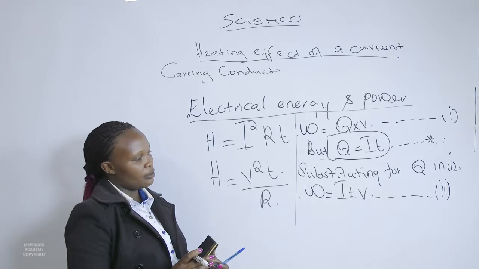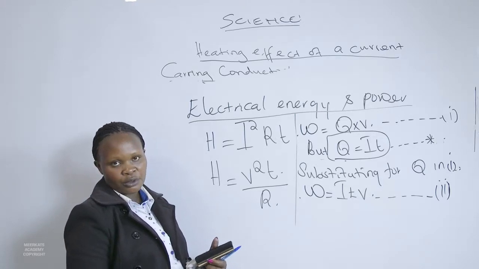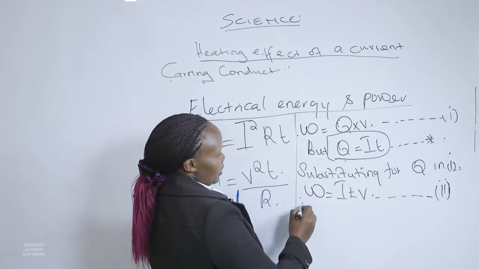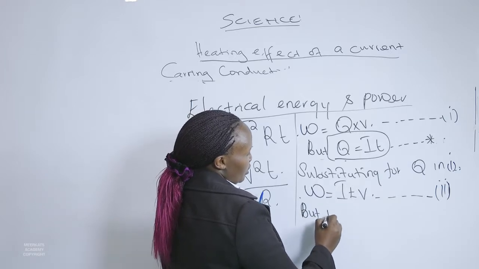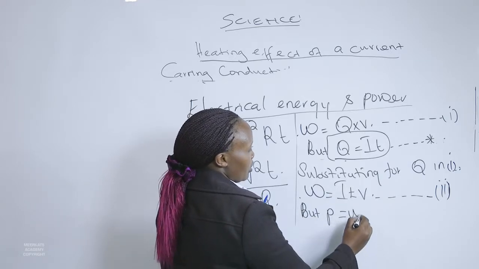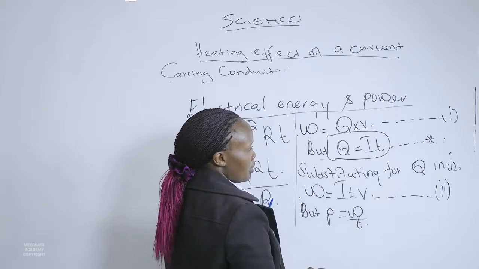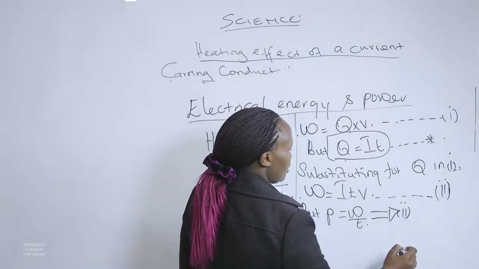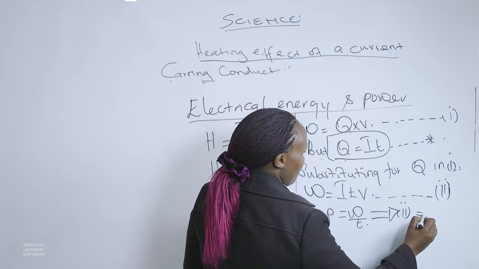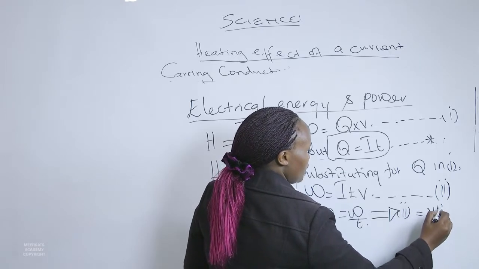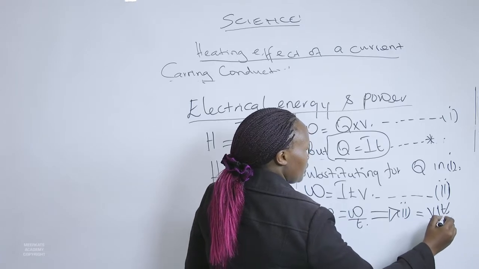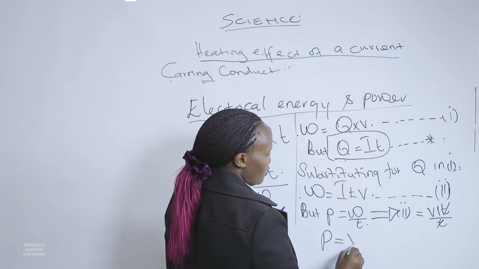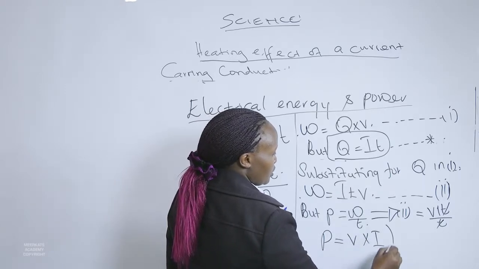But we are not interested in work. We want an expression of power. Therefore, we say, but power is given by work over time, implying that now equation 2 is going to be VIT over T. You can cancel, and therefore power is given by voltage times current.